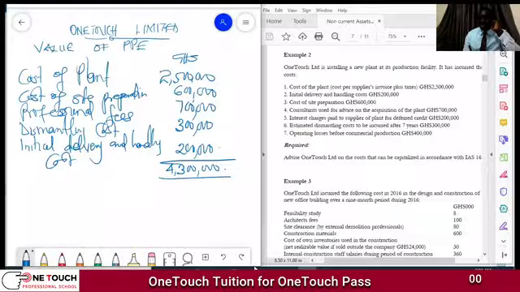All the other costs should be what? Expensed, as they do not meet the criteria for recognizing an item of PPE. Okay, good. So that will be the value of One Touch PPE.